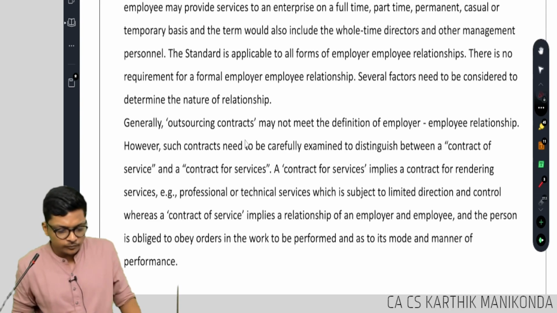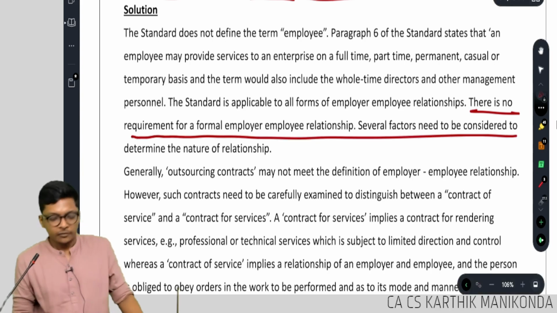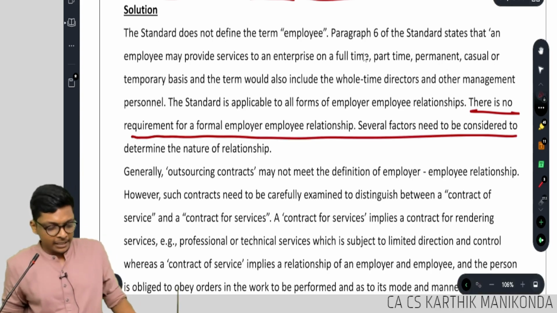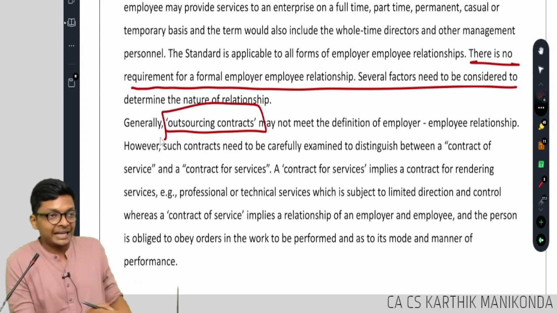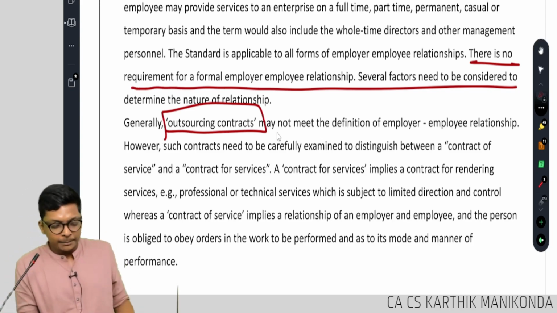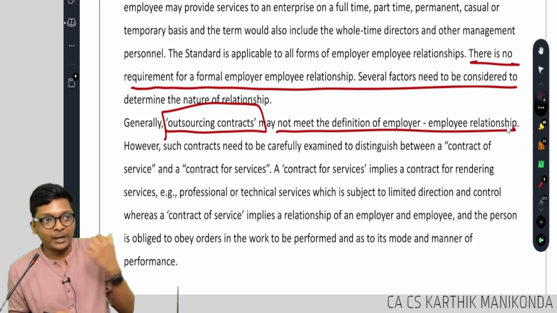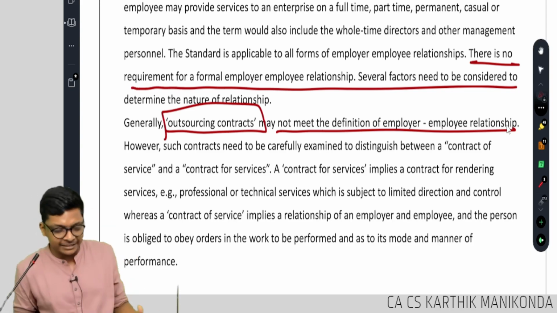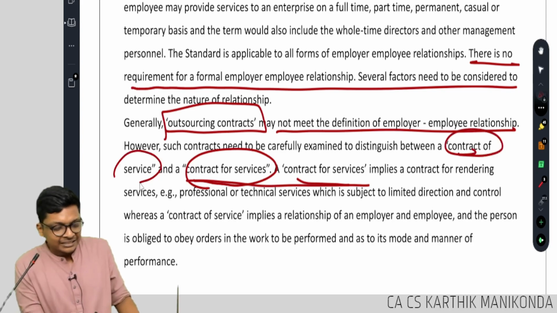Look at this. There is no requirement for a formal employee-employer relationship. And when it comes to outsourcing contracts, I told you about outsourcing. Whether their employee may not meet, it depends on the kind of outsourcing. Are you doing it regularly or a one-time cleaning activity, one-time technician? They are discussing about contract for service and contract of service.